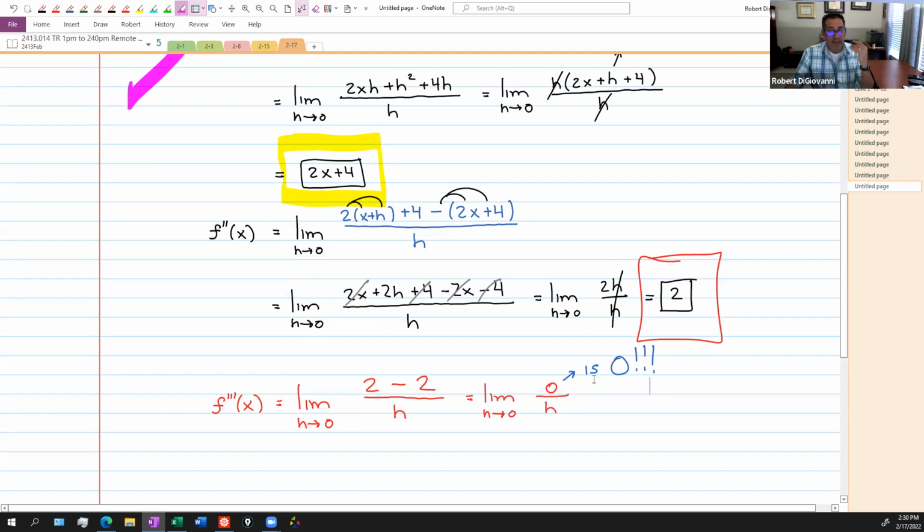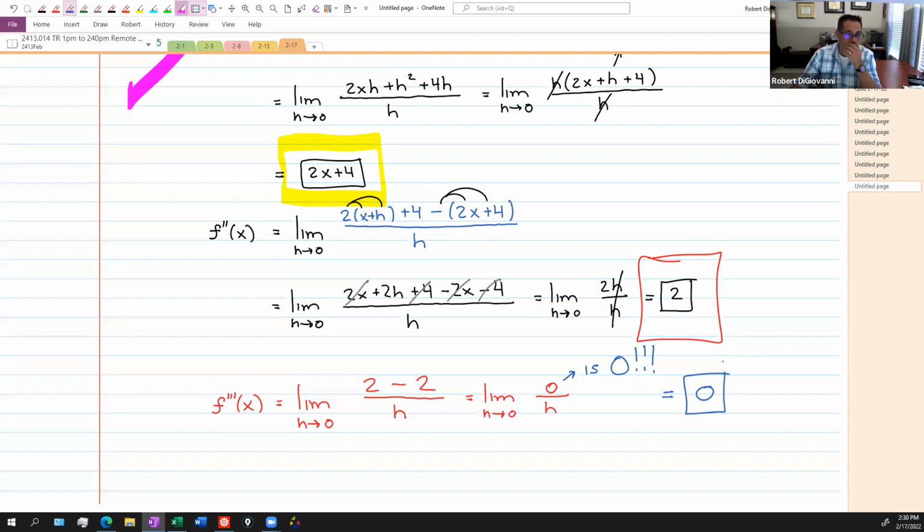We have the exact number 0 on top, which means that the denominator doesn't matter. If the numerator is 0, not approaching 0, if it is 0, then the answer to this will be 0. And of course, that's what we thought it would be.